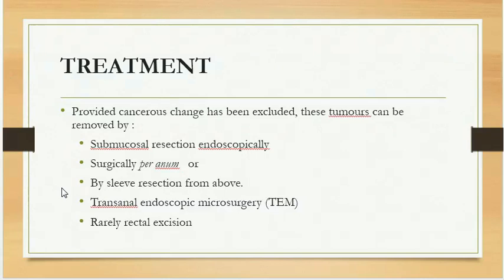Treatment of these villous adenomas, provided cancerous change has been excluded: these tumors can be removed by submucosal resection endoscopically, or surgically, through the per anum route, by sleeve resection from above. Transanal endoscopic microsurgery is another technique to deal with these adenomas. Rarely, the option of rectal excision is there in these cases.